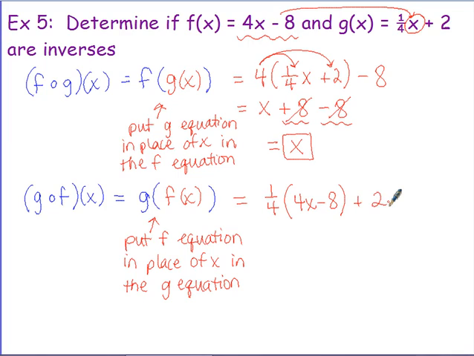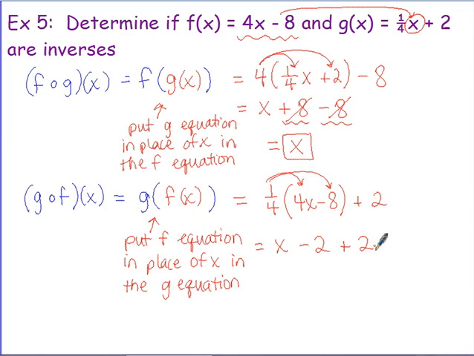And just like the other one, we're going to start by distributing. 1 divided by 4 times 4x. Your calculator should tell you this is a 1x. And then 1 divided by 4 times negative 8. Your calculator should tell you is negative 2. And then we still have plus 2.